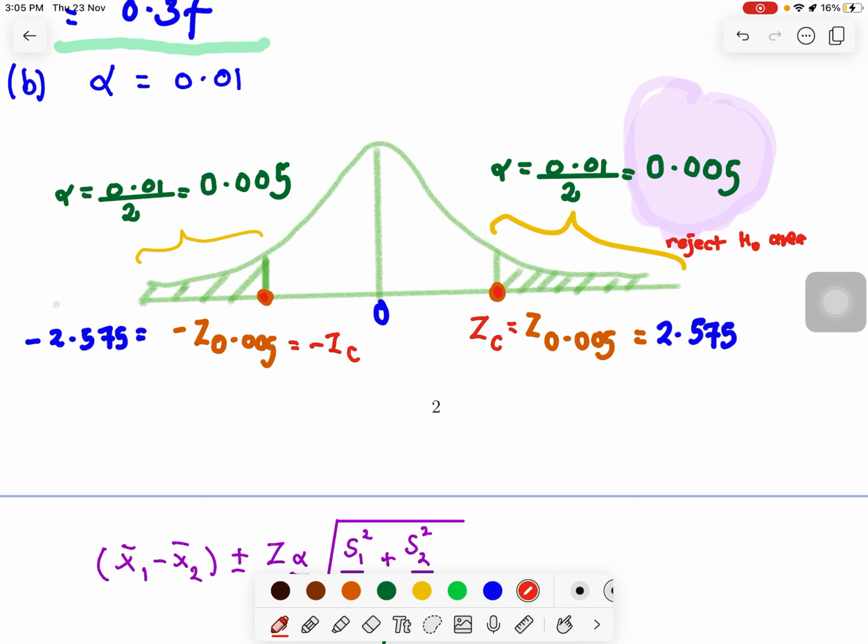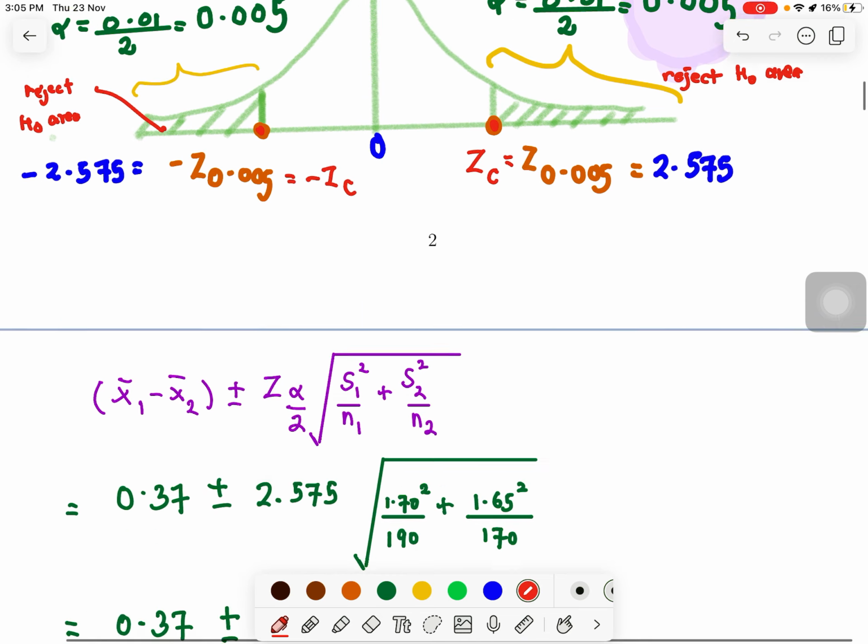Same goes to this part, rejection area. Okay, so that's why we call it a critical value.